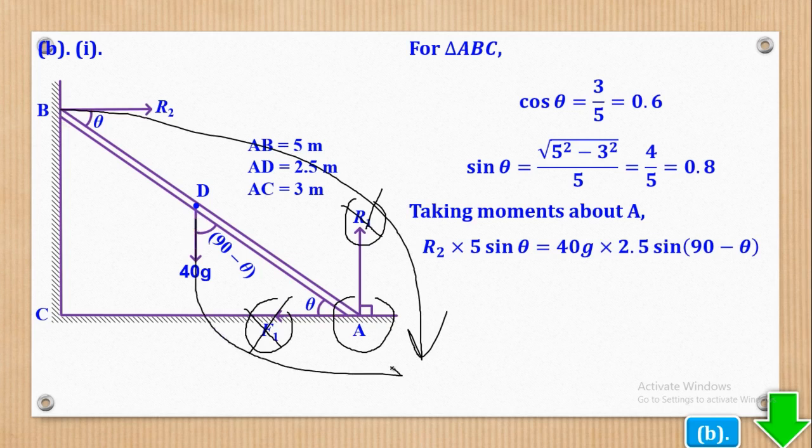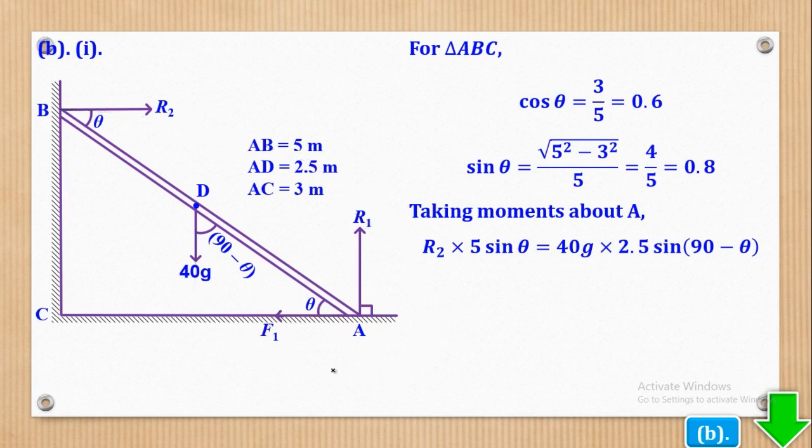an anti-clockwise moment. The formula for taking moments is F D sine theta, where F is the force, D is the distance between the pivot and the point where the force starts from, and theta is the angle between the force and the rod or the ladder.